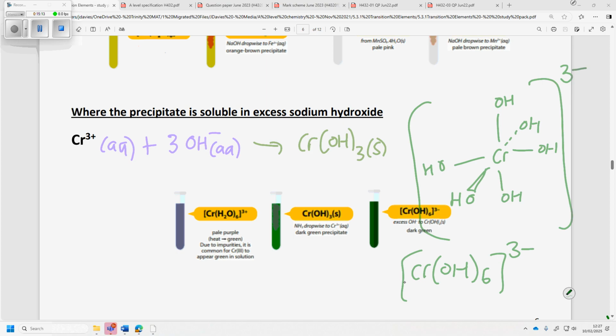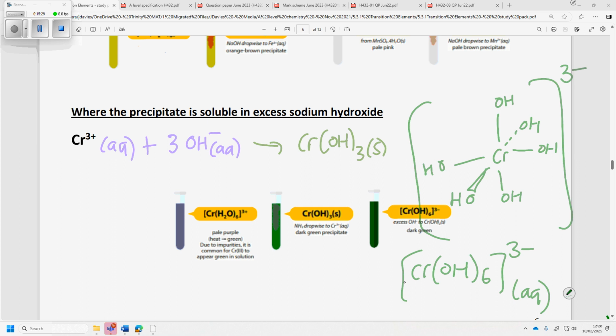And that is going to be aqueous because of the charge. Now we'll look at writing equations for formation of this later on.